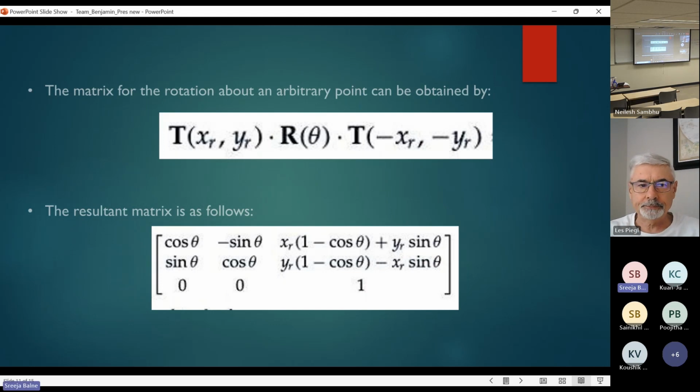The final matrix can be represented in this form, where first we have translated, rotated, and then translated the whole plane. The resultant matrix would be of this form, where the first row has the effect of the first translation, then rotation would affect with all the thetas, and then the second reference point would be with xr and yr here.